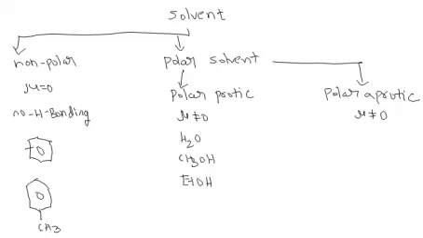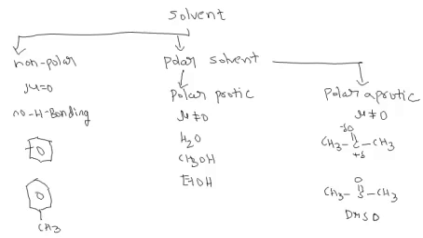Next, in the case of polar aprotic, these are polar but no hydrogen is connected to a highly electronegative element. Here carbon is slightly positive and oxygen is slightly negative, but no hydrogen is attached to a highly electronegative atom. Next, by replacing this carbon with sulfur, it is dimethyl sulfoxide.